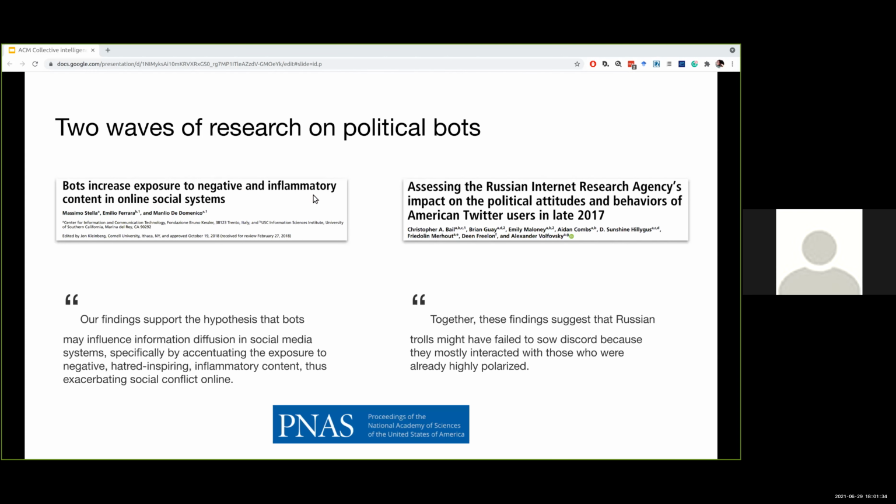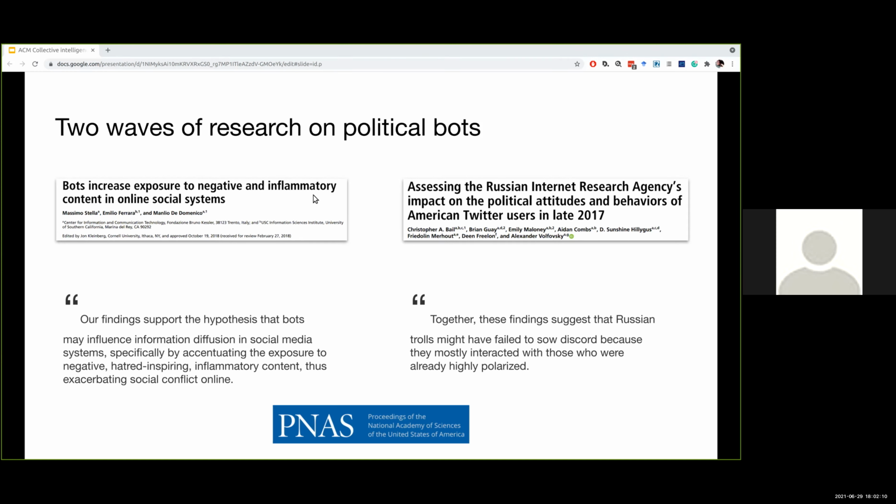Our work started because we noticed two waves in the research on bots that offered very different conclusions. These two waves are exemplified by these two papers on the slide that were published just a couple of years apart from each other, both in PNAS. The first wave was just after the 2016 presidential elections, and papers like the one on the left offered a relatively bleak view of the situation.